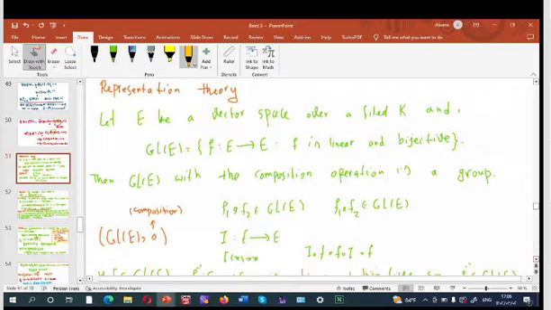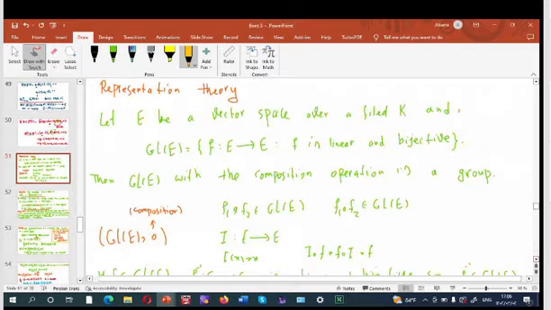Okay, because the binary operation in this group is composition. So rho is a homomorphism, a group homomorphism. Okay, any homomorphism such as rho from G to GL(E) is called a representation of G.